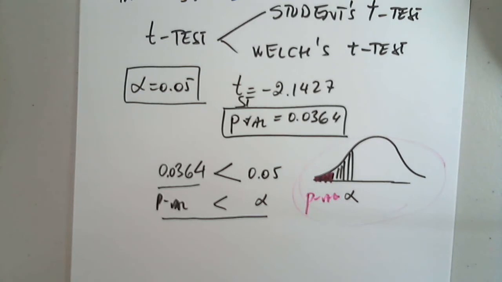Half of alpha will be this area, and the other half of alpha will be this area. So this piece is smaller than half alpha, or the entire p-value is smaller than alpha. So we reject the null hypothesis. Where's my problem? Right here. So let's read carefully. Obviously, we cannot read.